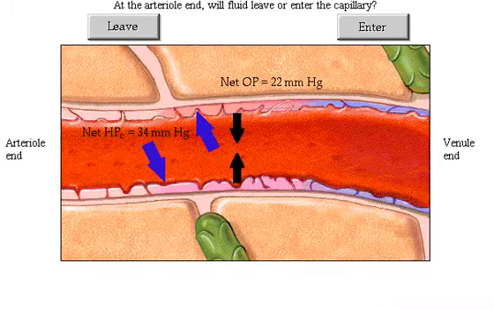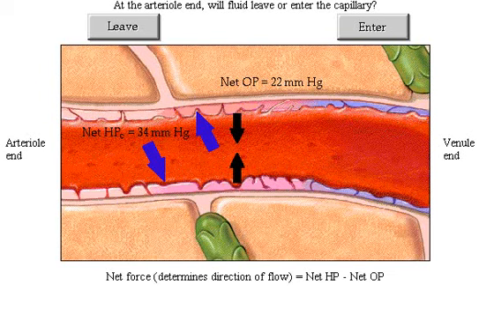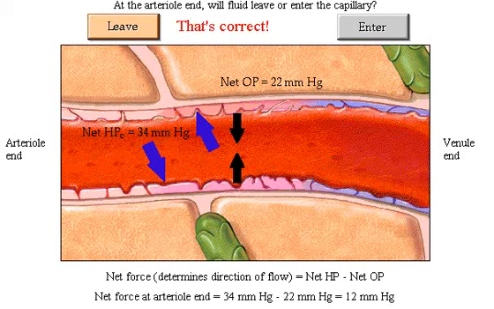At the arterial end, will fluid leave or enter the capillary? Remember that the net force, which determines the direction of flow, equals net hydrostatic pressure minus net osmotic pressure. That's correct.